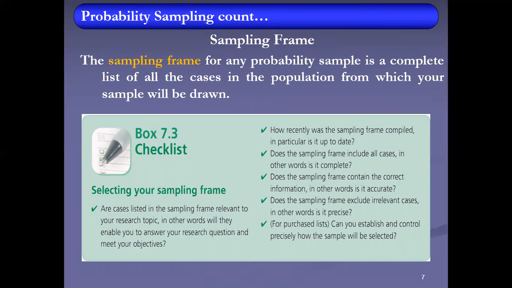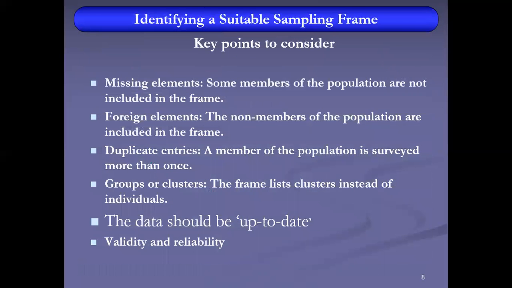I request you to please read the checklist so you can easily understand what a sampling frame is. Identifying a suitable sampling frame: how can we identify a suitable sampling frame? These are the guidelines and key points which help us to identify the suitable sampling frame.